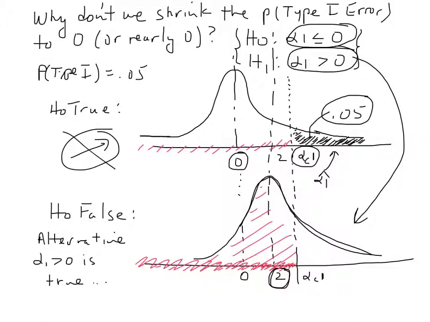Okay? The question now is, once we've got that set up, why don't we arbitrarily shrink the probability of a type 1 error to some smaller level, 0.01, 0.0001, etc.? What would that mean if we were to shrink the probability of a type 1 error to 0.01? It would mean moving this line to the right, okay?